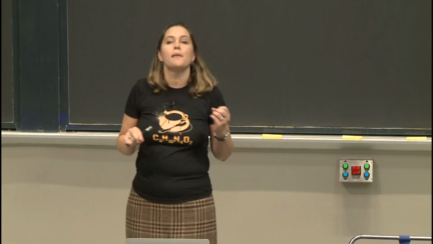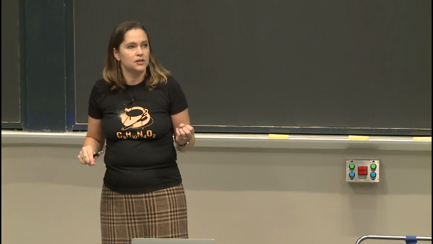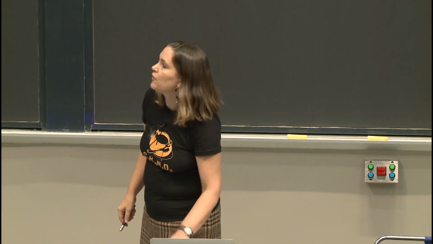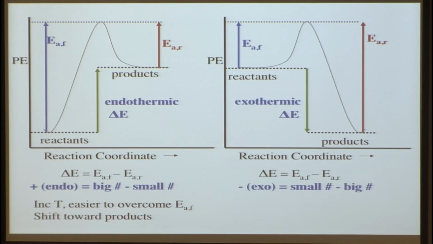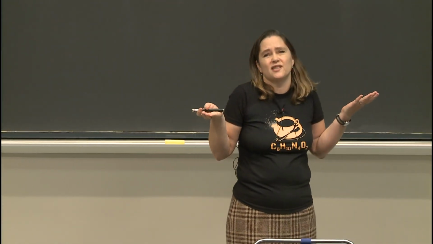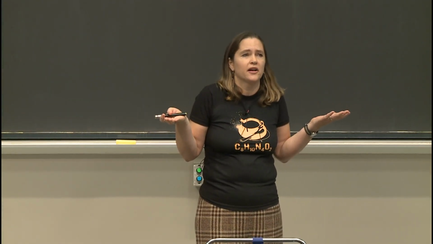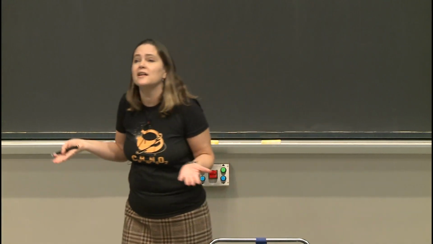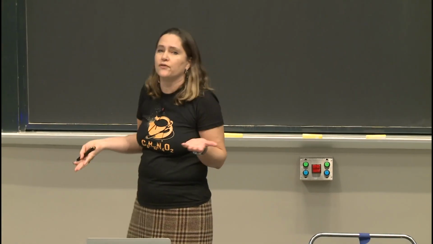All right, now let's think about what happens when we increase the temperature. So if we increase temperature, it's a lot easier to overcome this forward activation energy barrier, the big one. And that's going to shift it to products. And this is because the small activation energy barrier, it's not that hard to get over. It's not hard. But if it's a really big barrier, it's hard to get over that barrier.